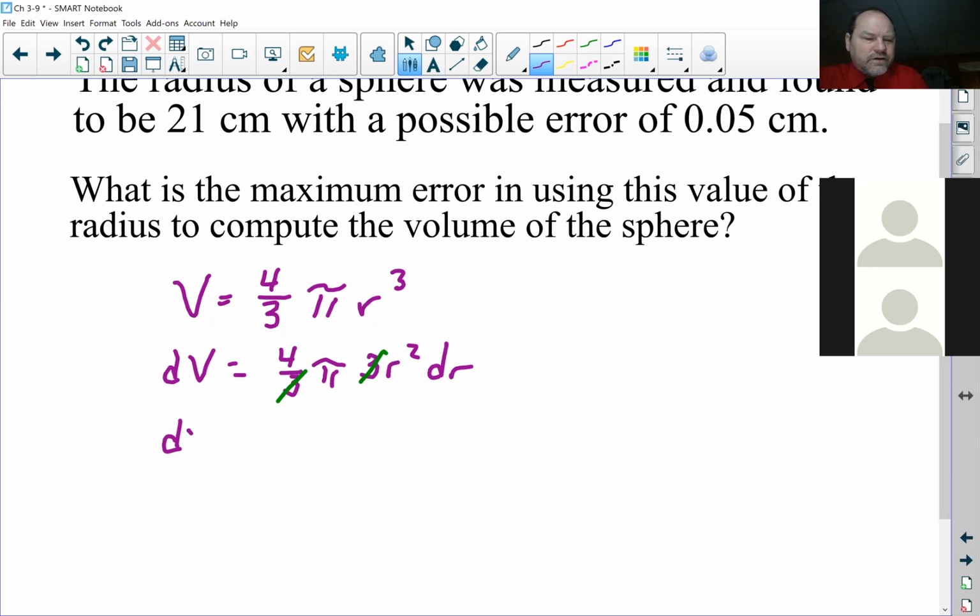So our maximum error is going to be 4 pi r squared, which is 21, times dr, which is our error, 0.05.